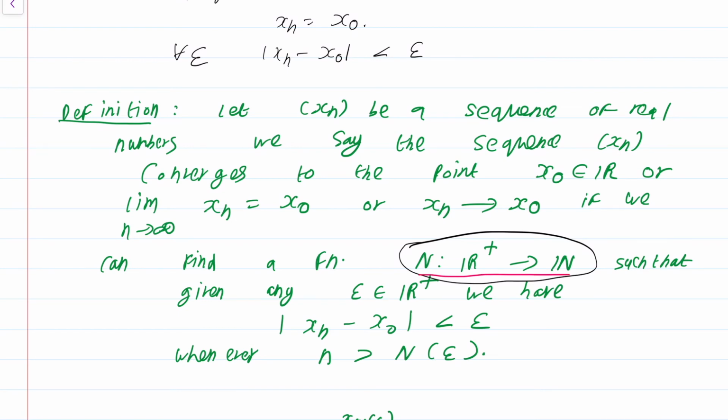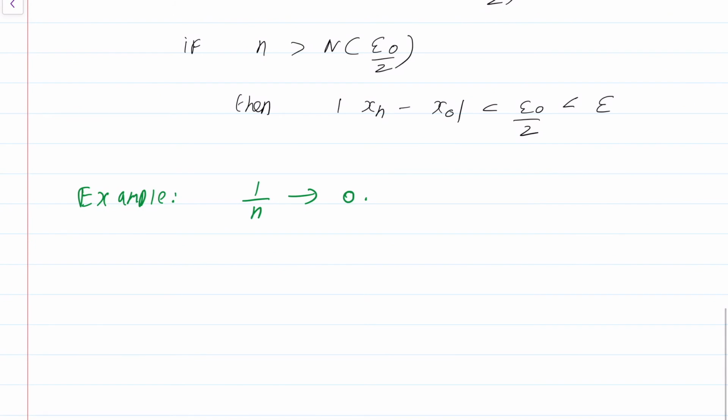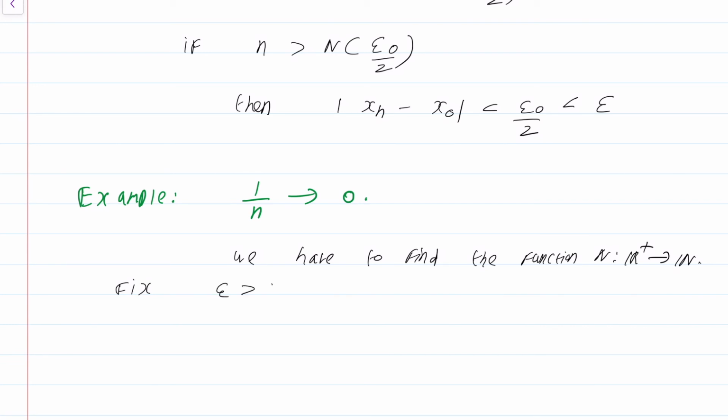How do we find this function? So what do we have to do? First we have to find the function N from R plus to natural numbers. Now fix epsilon greater than 0.